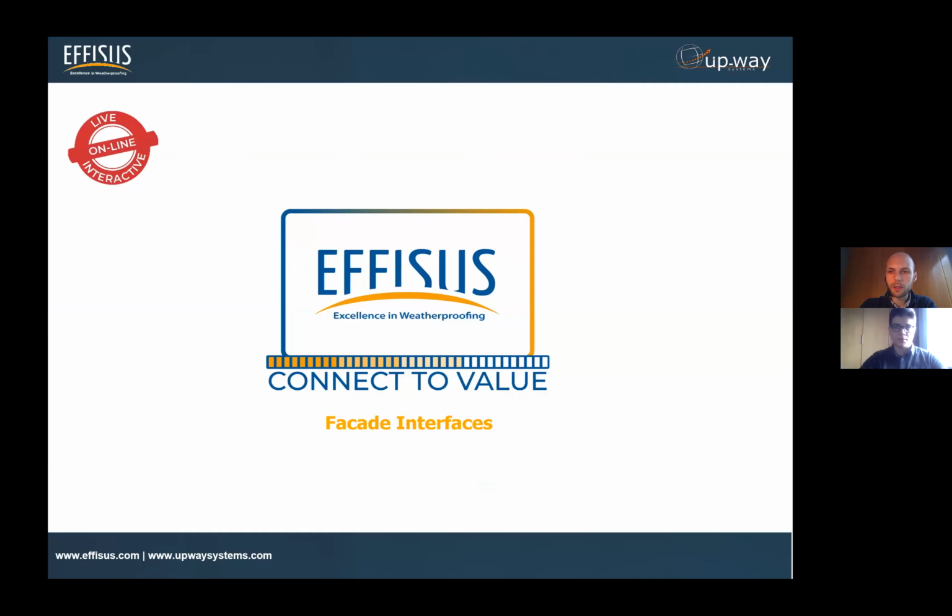So we'll be looking in more detail into this very specific topic, that is, understanding how we should look at this very specific point in our facade, because we all know that facades are made of, I would say, continuous layers, but sometimes we have to deal with those interfaces that need a very specific and very different look than those continuous membranes that you have all over our facade.